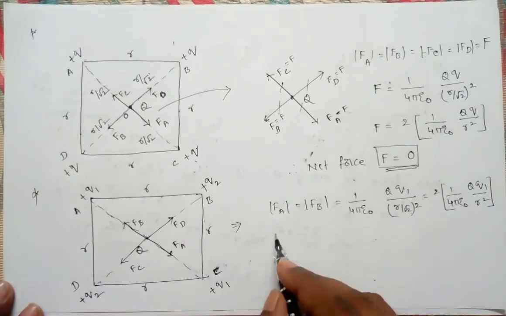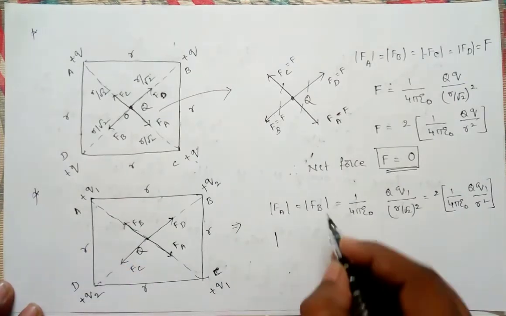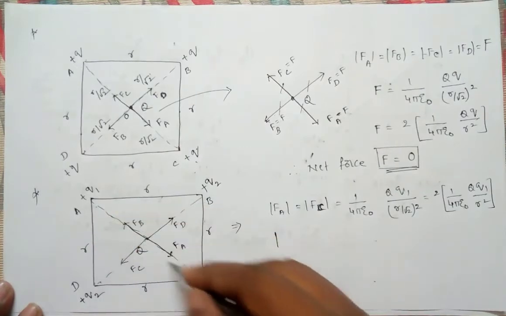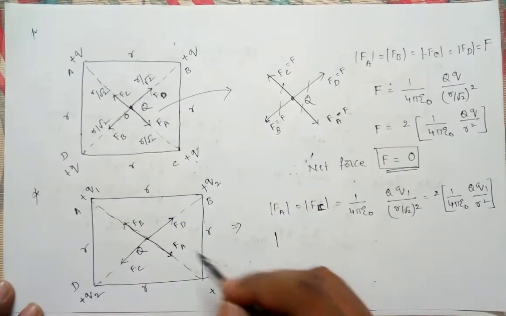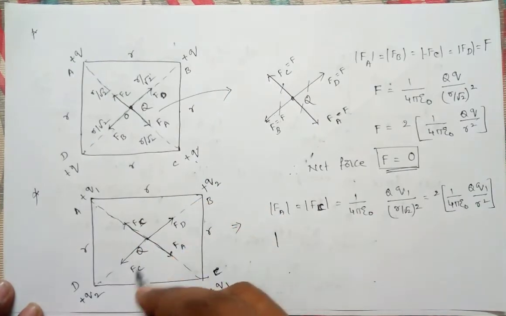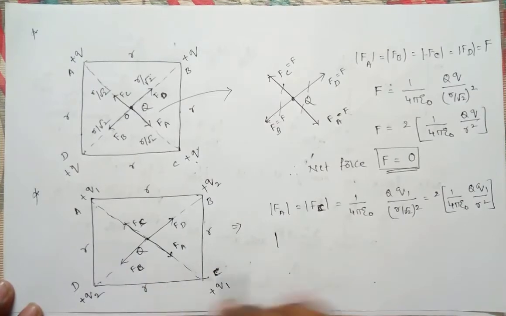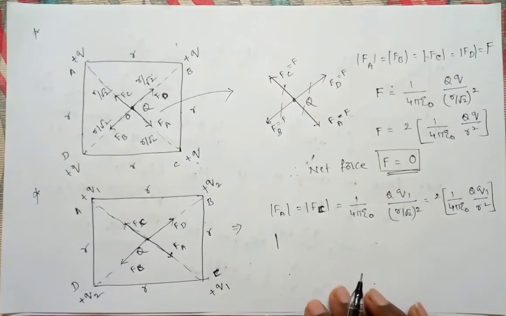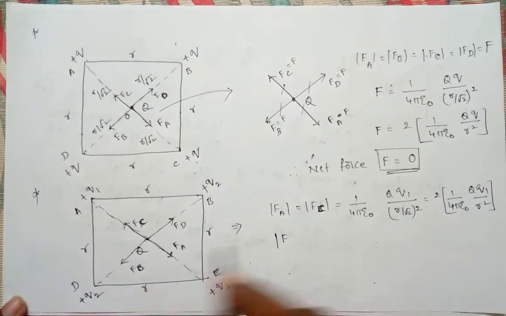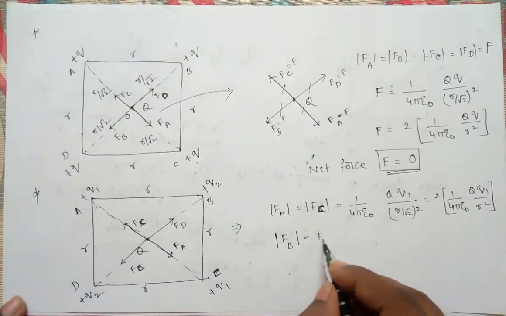Similarly, FA and FC are equal in magnitude, and they are diagonally opposite to each other. In the same way, FB and FD are diagonally opposite.